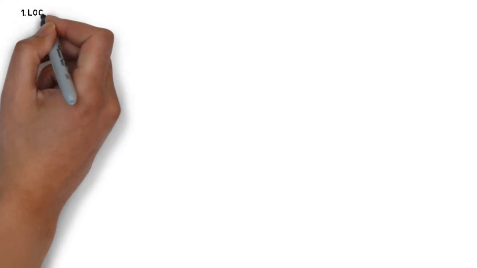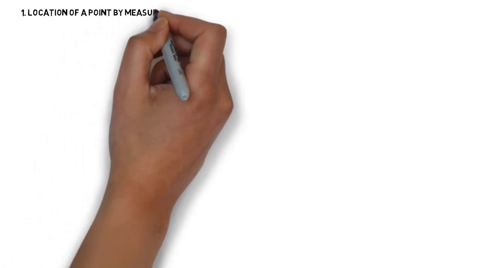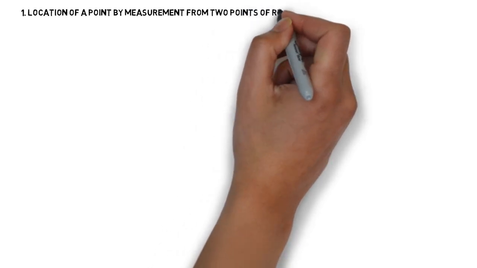So we will go through these two principles of surveying, starting from the first, to locate a point with reference to 2 points. The relative positions of the points to be surveyed should be located by taking measurement from at least 2 points of reference. Points of reference are points whose position is already fixed.